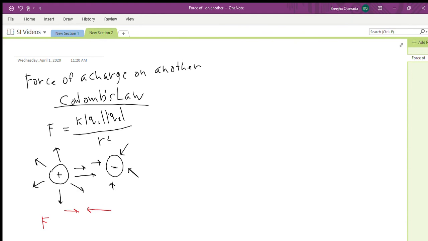Now, one important thing to note about Coulomb's law is this K constant here. K is called the electrostatic constant, and it has a value of 8.99 times 10 to the 9th Newton meters squared per Coulomb squared.